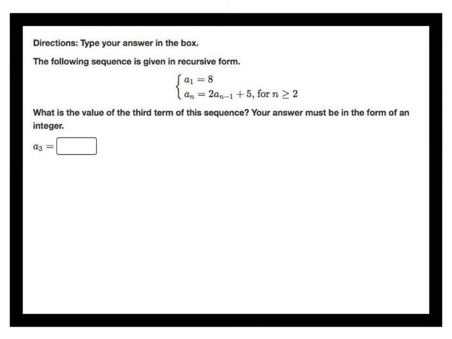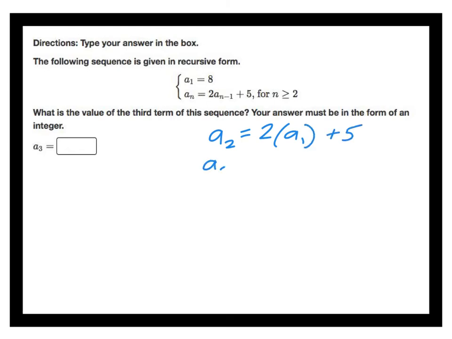So if the first term A1 is 8, in order to find A2, you would have to multiply 2 times A1. You see this here? A(n-1), meaning the one that came before it. And then once we do that multiplication, we'll add 5.